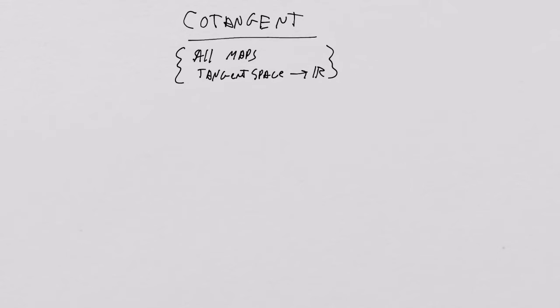So if I use little omega, which is very typical, as an element of the cotangent space, then I know that omega is a map from the tangent space to the real numbers. And the set of all those maps is the cotangent space.